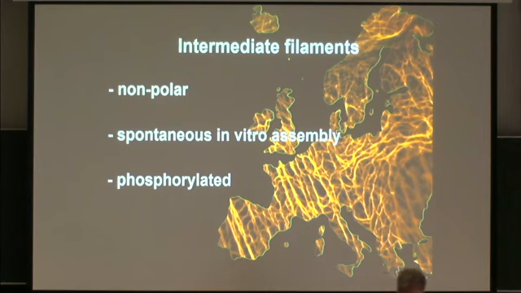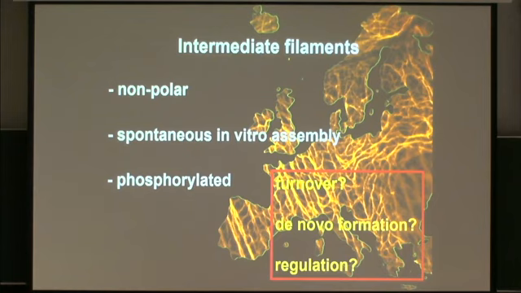So let me just point out again the basic features. We are talking about non-polar structures. They assemble spontaneously in vitro, and I didn't say they are very major phosphoproteins in the cell, also subject to various other post-translational modifications.